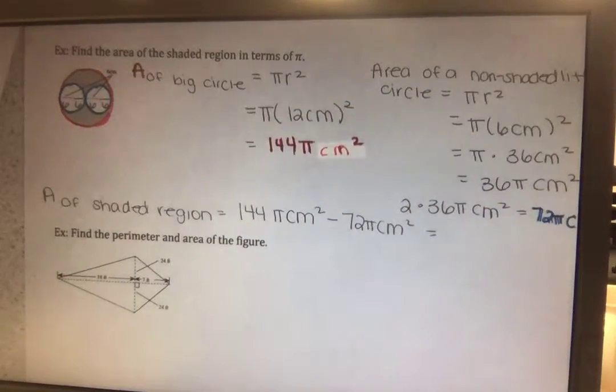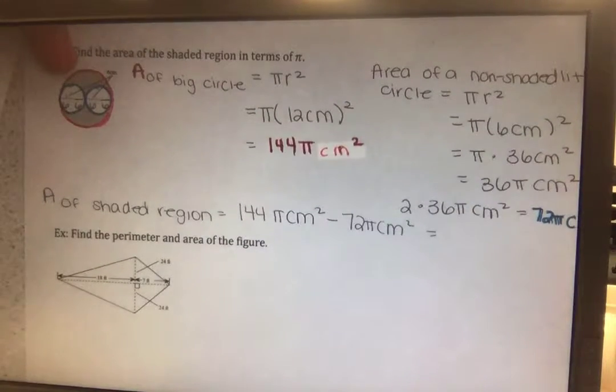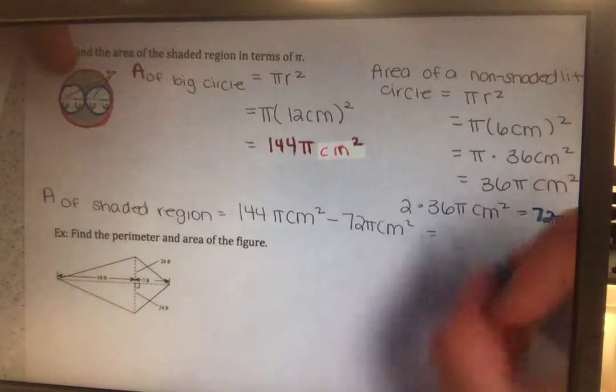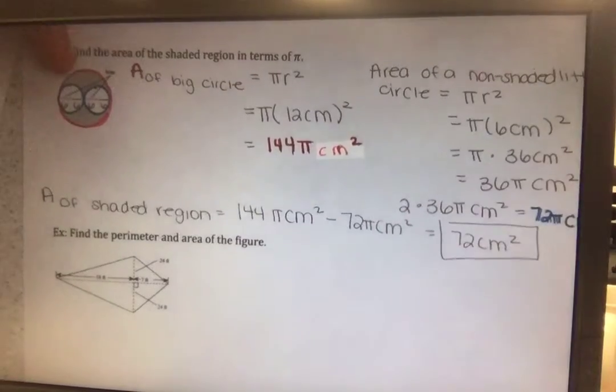So subtracting these 2, we get our area of 72 pi centimeters squared. Final answer.